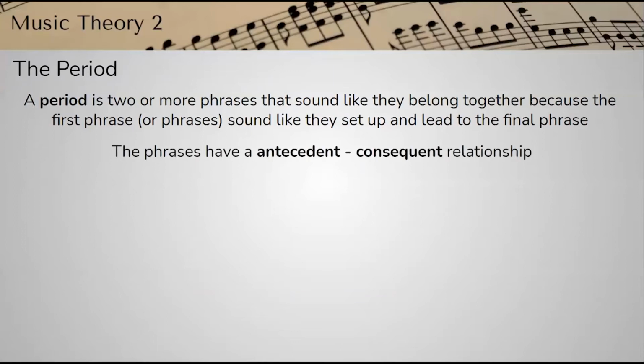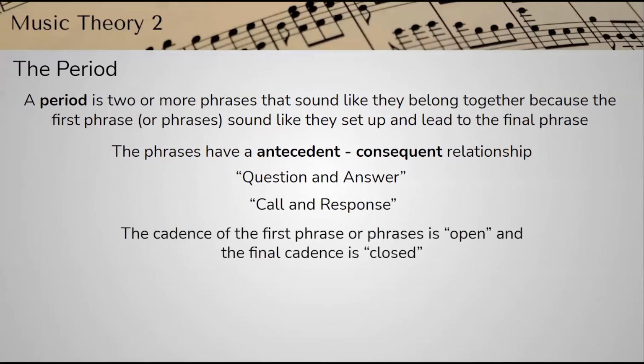Okay? In other words, they have what's called an antecedent consequent relationship. Another way to put this is that they have a question and answer relationship, or a call and response relationship, right? The cadence of the first phrase is open and the final cadence is closed.